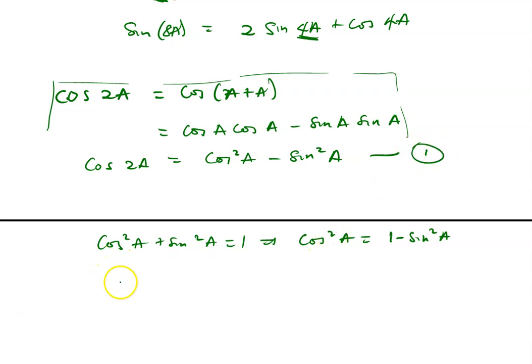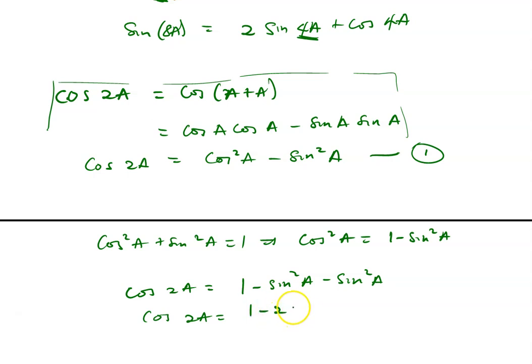Then what do I get? cos 2A is equal to 1 minus sine squared A minus sine squared A. And at this point, cos 2A is equal to 1 minus 2 sine squared A. Yes.